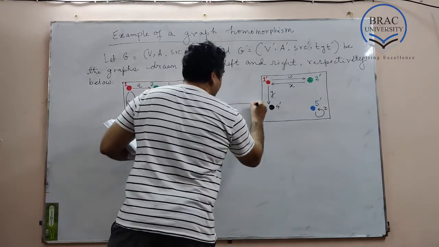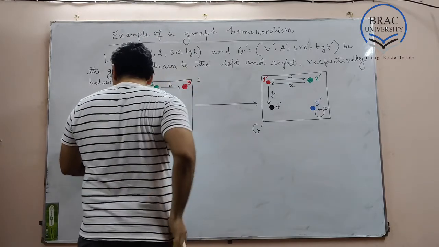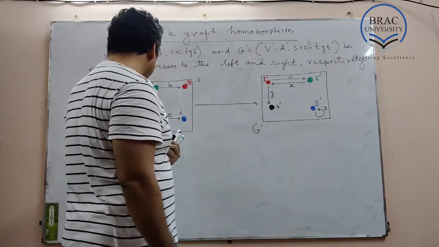So now the graph homomorphism is given by the following maps of vertices.